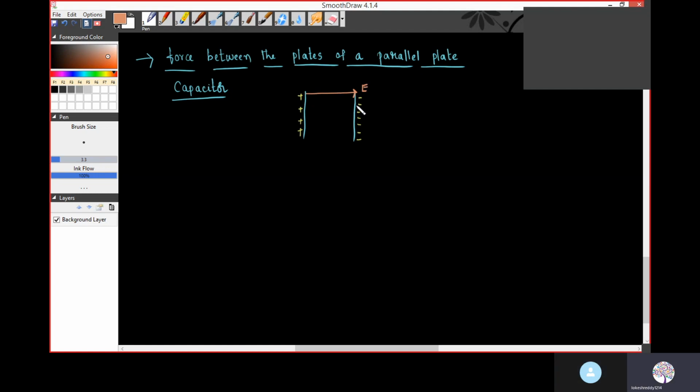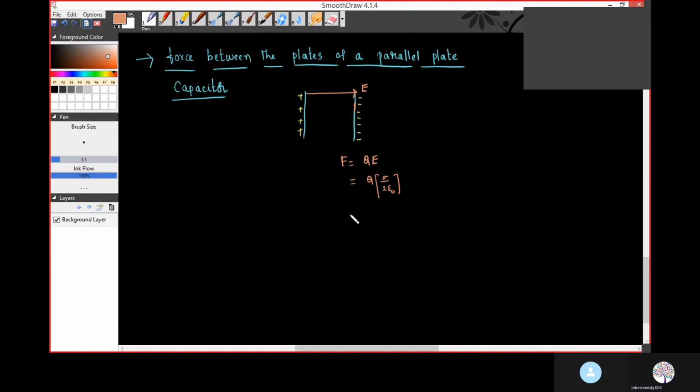In this field, the charge experiences some force. So F is equal to Q into E. Here E is sigma by 2 epsilon naught, because 2 this is the electric field due to one plate only.